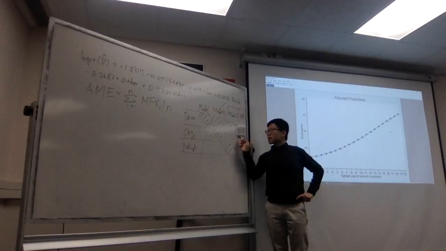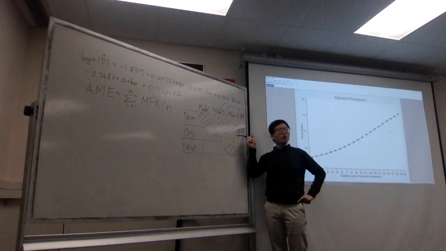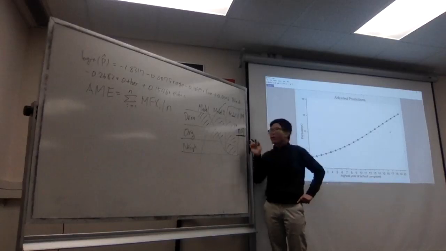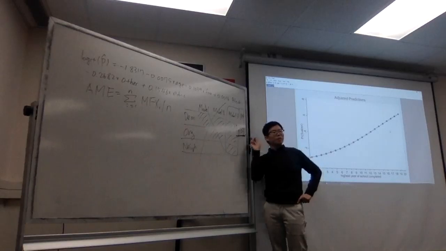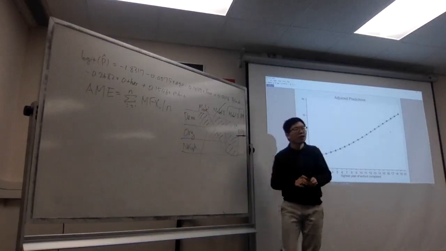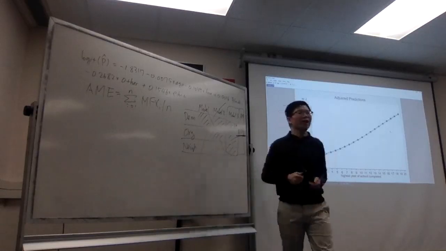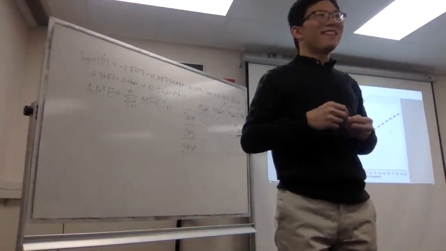So it's basically a unit increase or infinitesimal increase. A unit increase in x is associated with a 3 percentage point increase in the predicted probability. Does that make sense? Okay. Good.